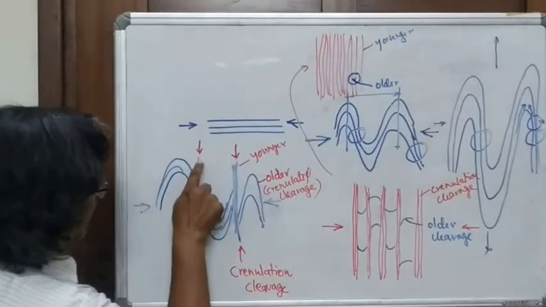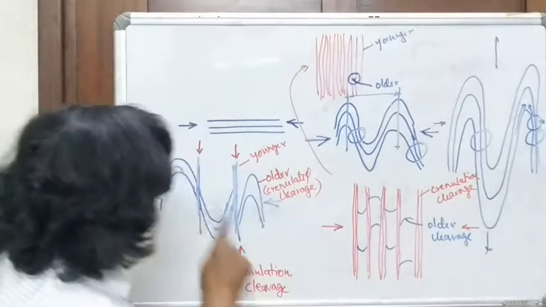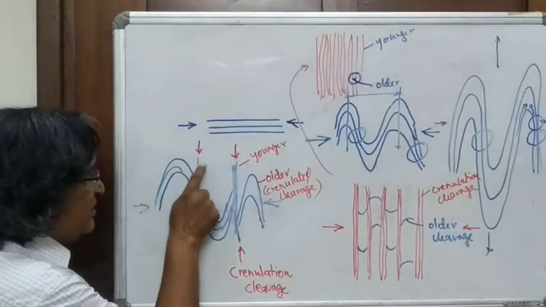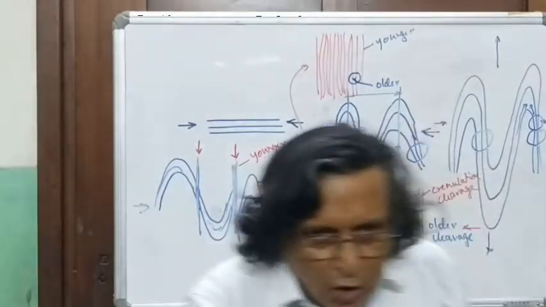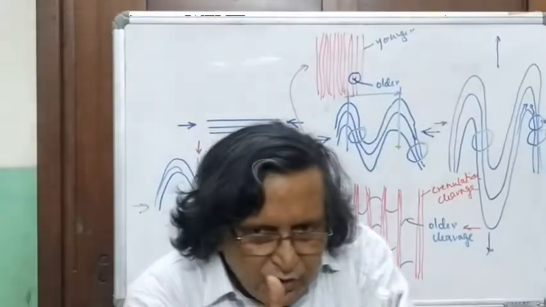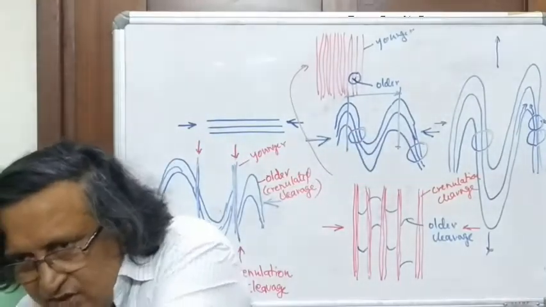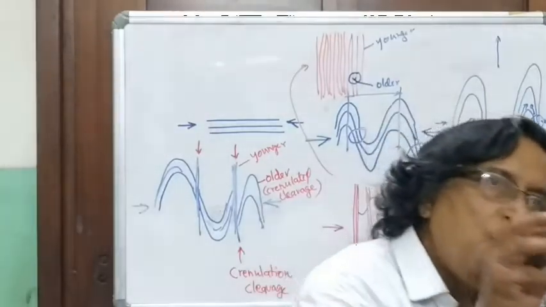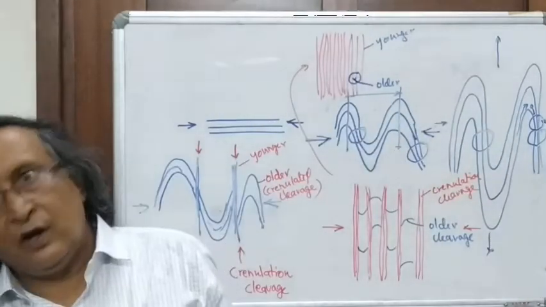That means you now get in the rock a marker by which you can say this is older, this is younger. So you know which parts are younger in a rock and which parts are older.